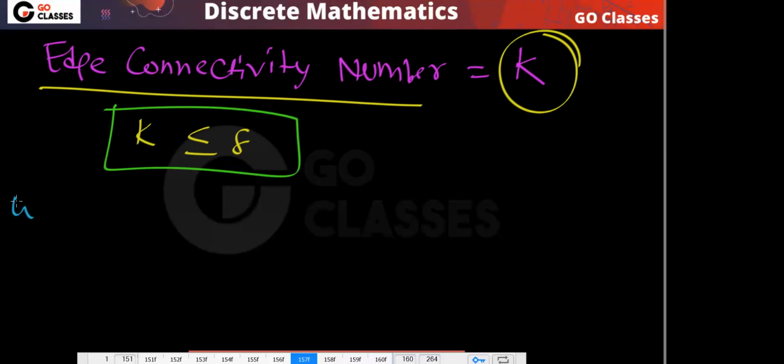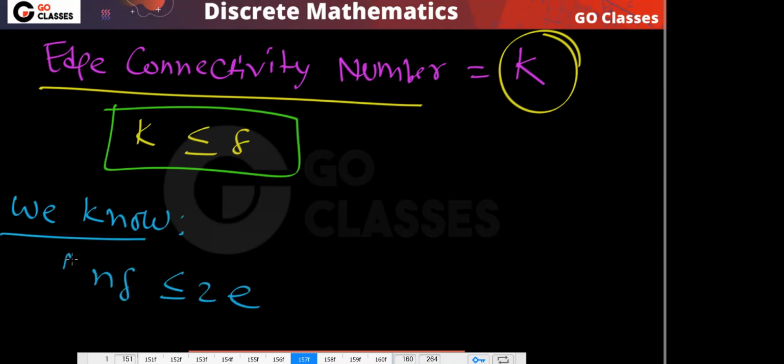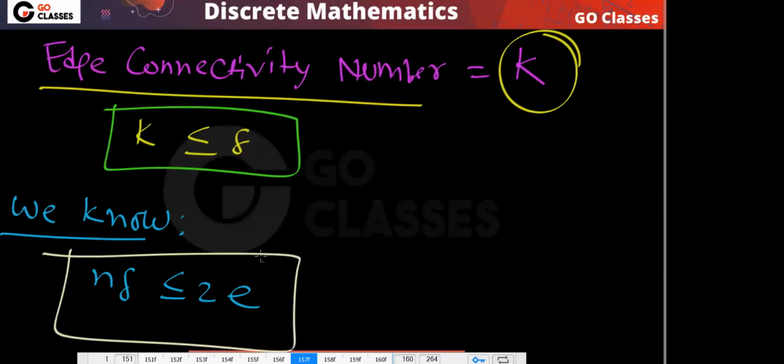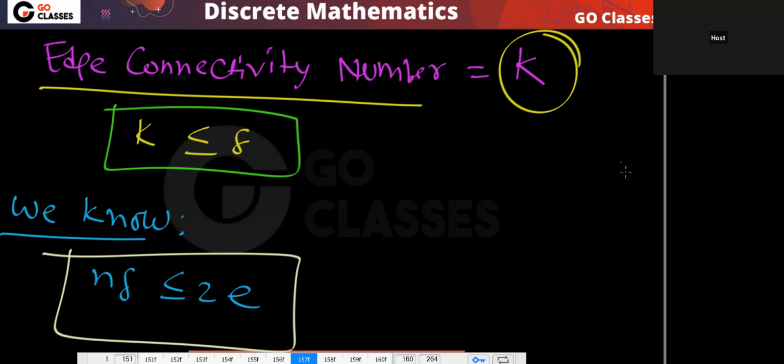And we know that n into delta is less than or equal to 2e, by handshaking, from the total degree.